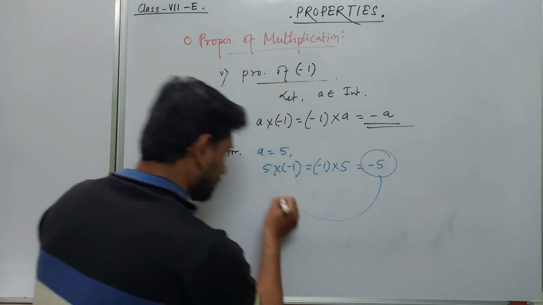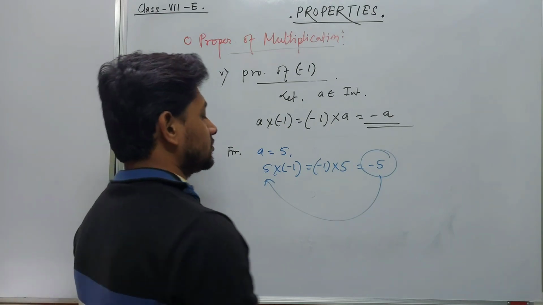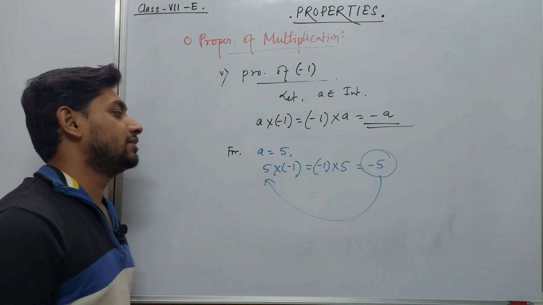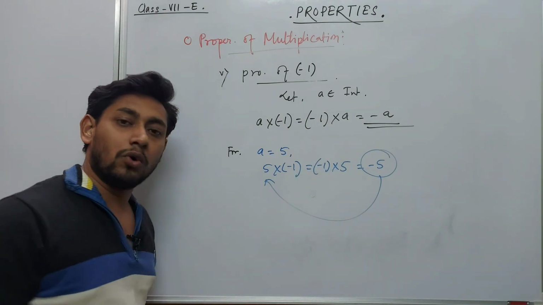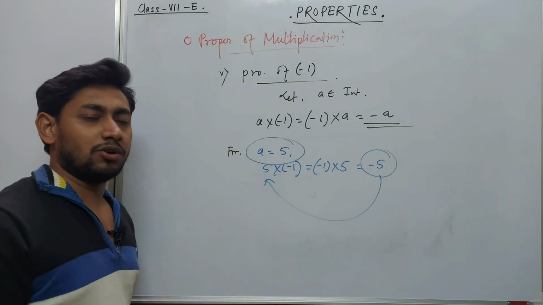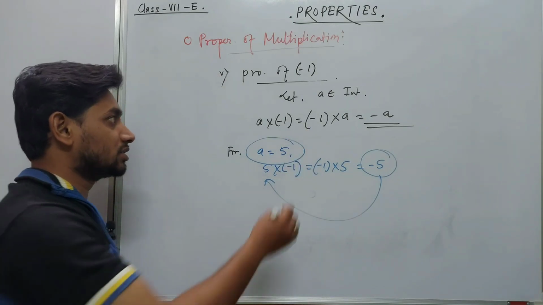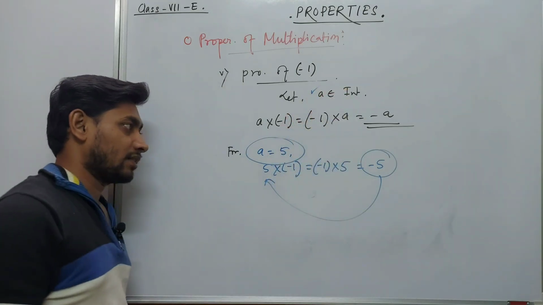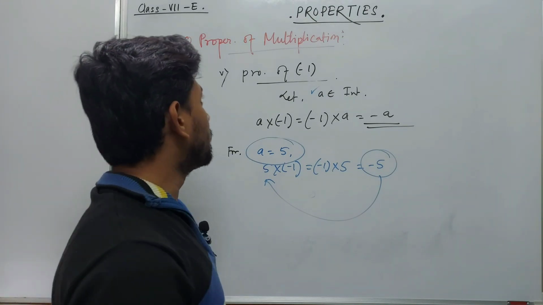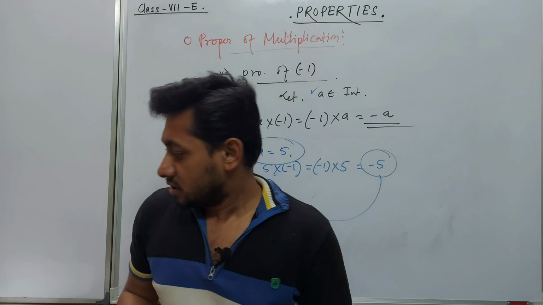Here minus 5 is the additive inverse of 5. Thus we can find the additive inverse of any integer by multiplying minus 1 with that integer. So this is our property of multiplication.